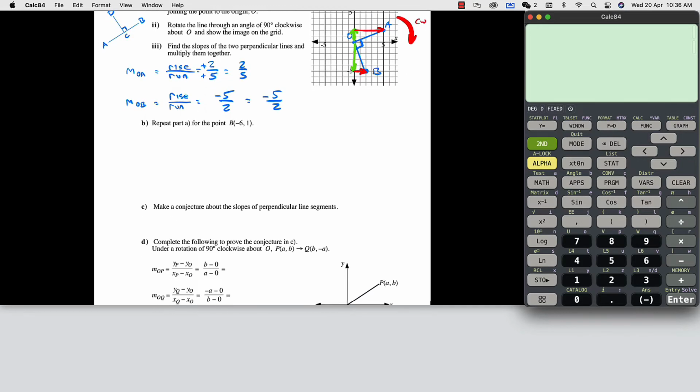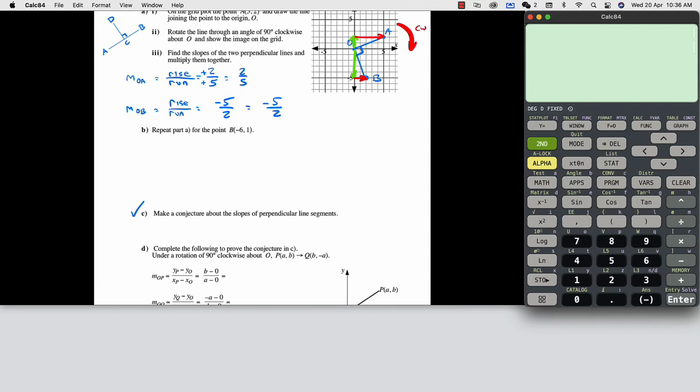I guess it's going to say make a conjecture. Part C, make a conjecture about the slopes of perpendicular line segments. Well, if we look at our first one, it was 2 over 5, and the other one became -5 over 2.